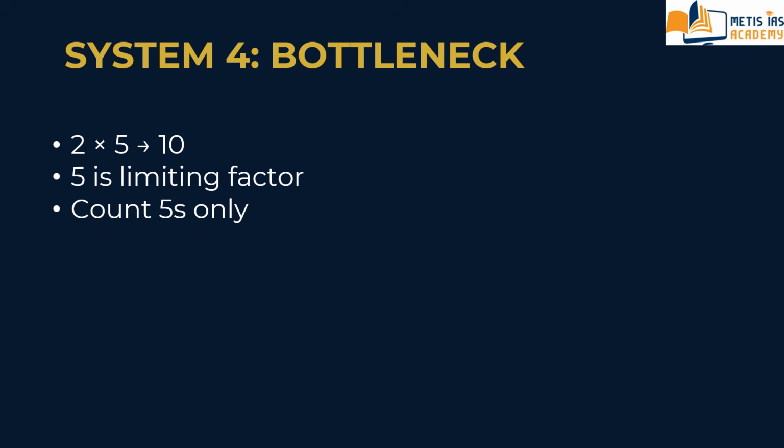We are moving to system number 4, that is fraction impossibility. The actual question is from CSAT 2025: how many possible values of p plus q plus r are there satisfying 1 by p plus 1 by q plus 1 by r equal to 1?